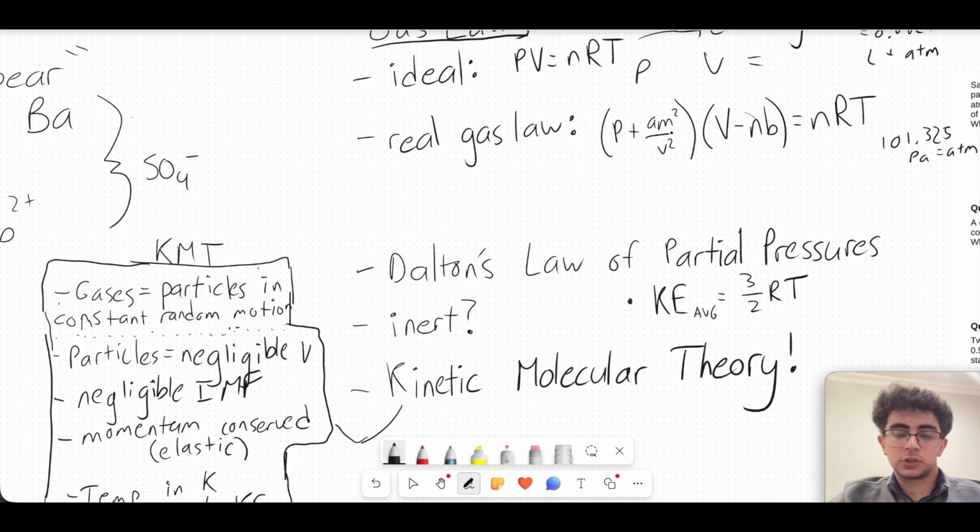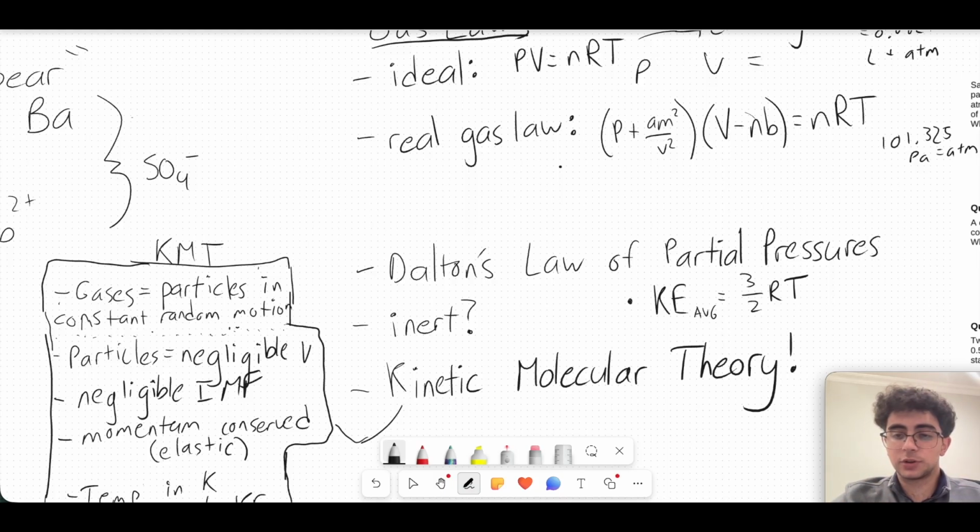For pressure, there's also a correction factor, because the ideal law claims there are negligible IMFs, or negligible forces, between all the particles. Again, that's not fully true. The particles have a little bit of forces between each other. As the particles move around in constant motion, they slightly pull each other, and that slows each other down.